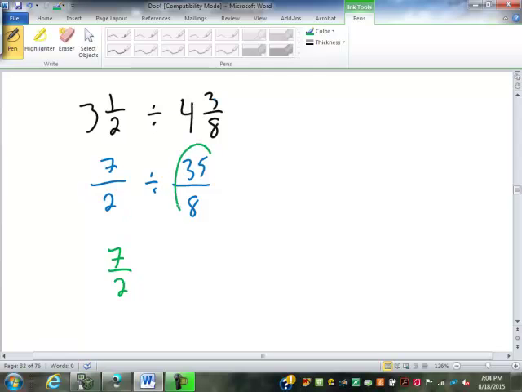It's the number we're dividing by. We take the reciprocal, 8/35, and now it's multiplication. Then what? We can cross cancel. 2 and 8, both divided by 2 to give me 1 and 4. Is that it? No, 7 and 35, both divide by, careful, 7, give me 1 and 5. So we get 4/5.